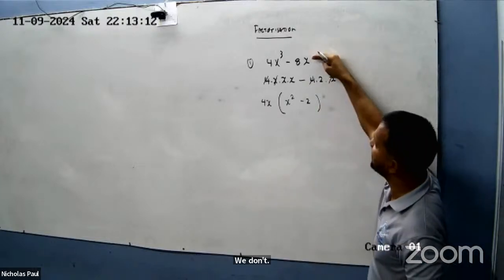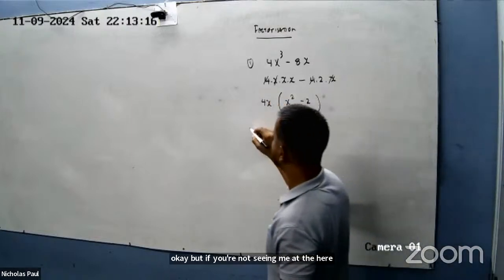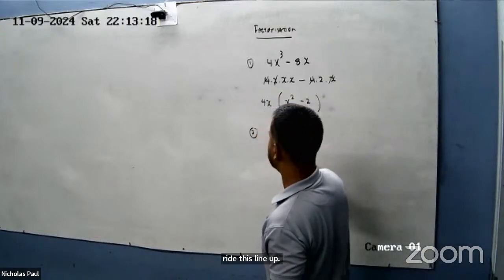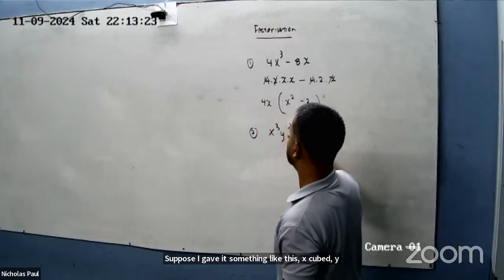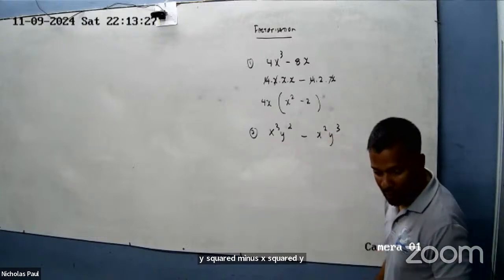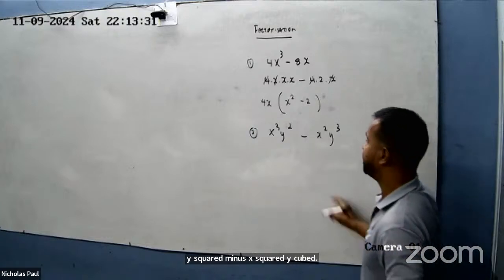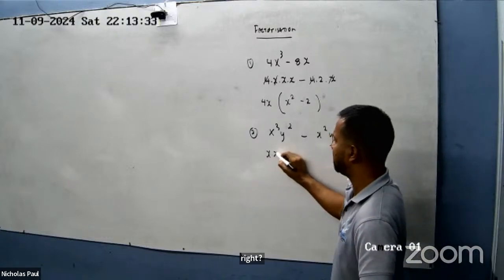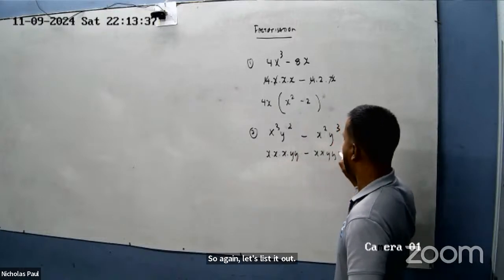But if you're not seeing it from here to here, write this line up. Okay? Watch this here. Suppose I gave you something like this: x cubed y squared minus x squared y cubed. Right? We've got to check and see what they both have in common, right? So again, let's list it out. x, x, x, y, y, x, x, y, y, y.